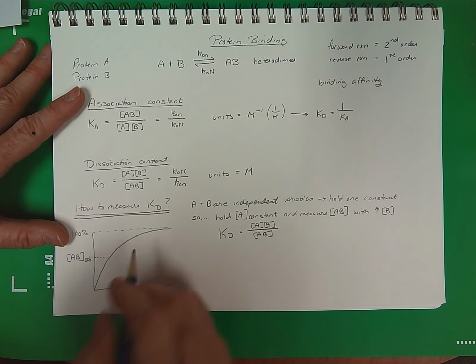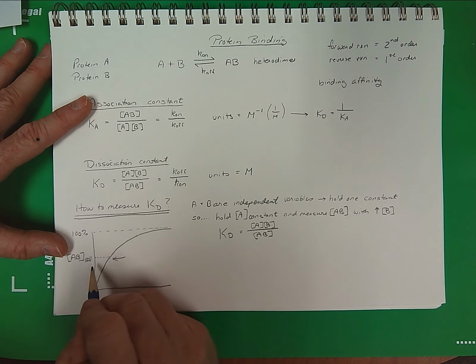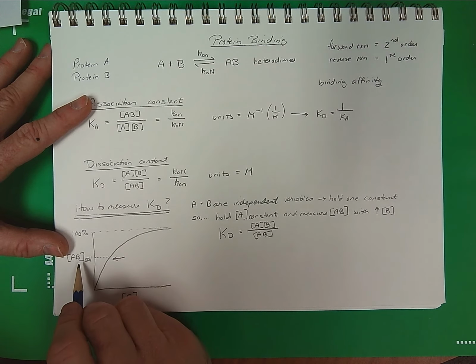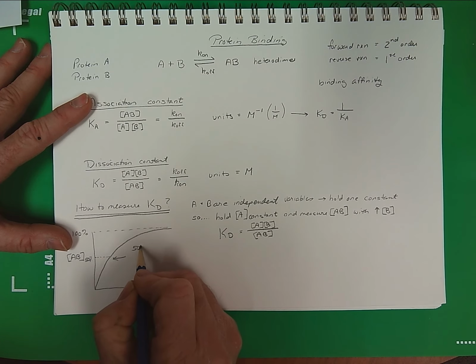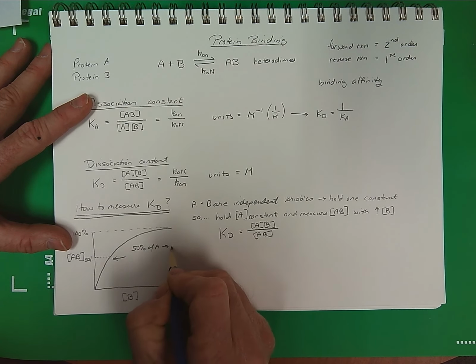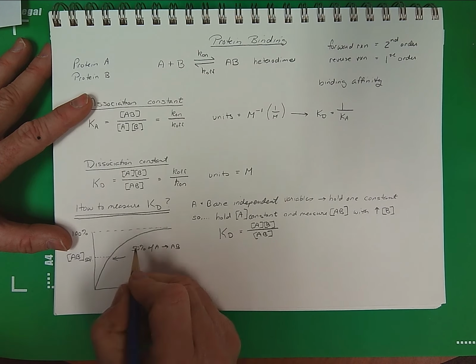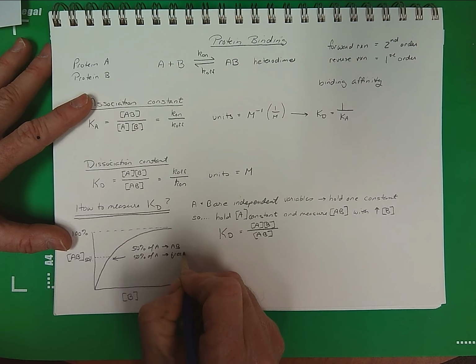At this 50% point, what this means is that of all of the A we have in solution, 50% of it is associated with the AB product, and the other 50% of A is free A.